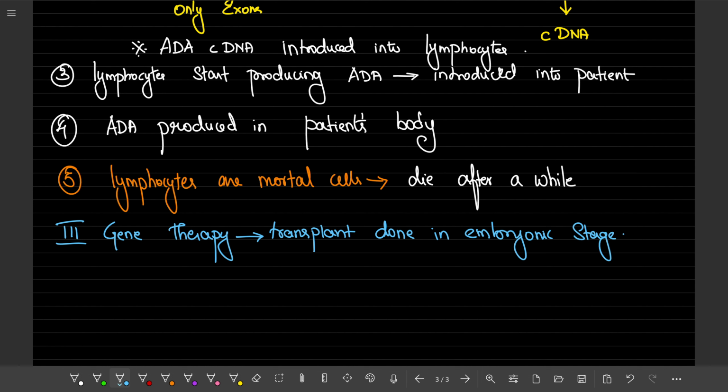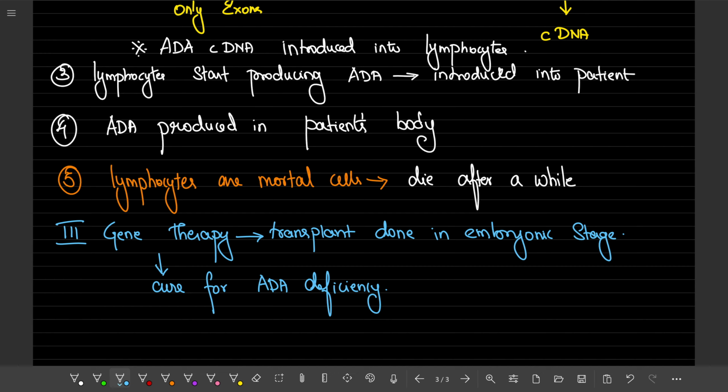There we can't call it bone marrow, as bone marrow has not formed yet. So done in the embryonic stage. Okay, so this is going to be the cure for ADA deficiency or any type of genetic disorder. So this is going to be gene therapy.